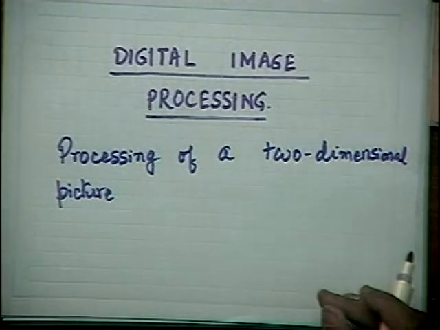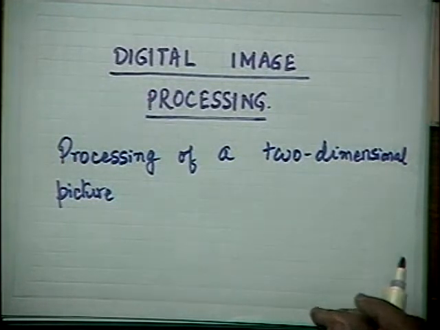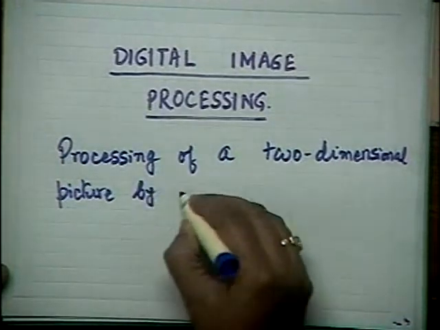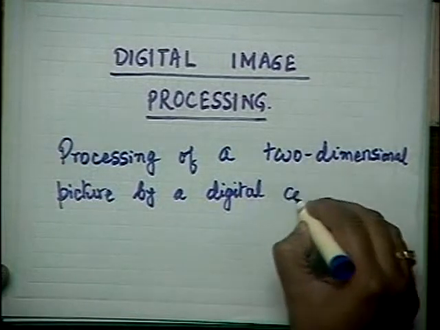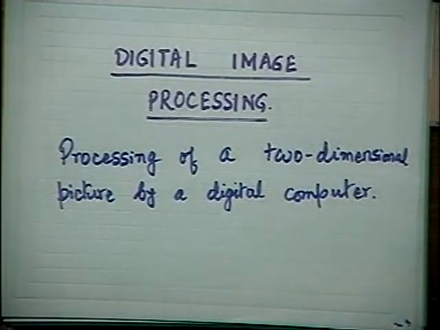So it's a two-dimensional picture, and if we are digitally processing it, that means processing of a two-dimensional picture by a digital computer. This we can give as a definition of this particular subject.